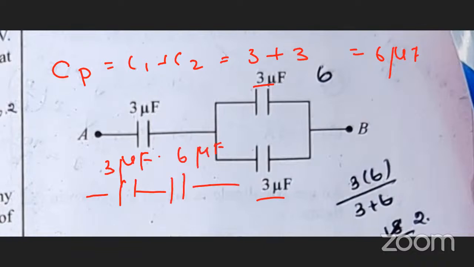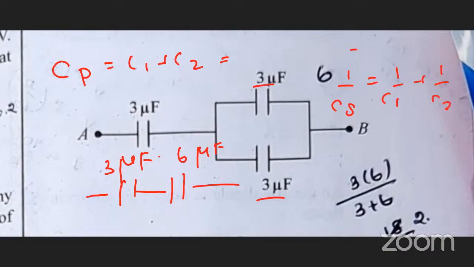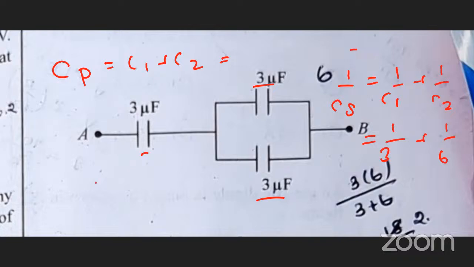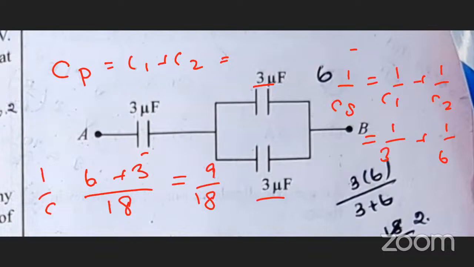Then use the formula 1 by Cs is equal to 1 by C1 plus 1 by C2, which is equal to 1 by 3 plus 1 by 6. If you solve this, you get 6 plus 3 by 18, which is equal to 9 by 18, equal to 1 by C. From that, C is equal to 18 by 9.